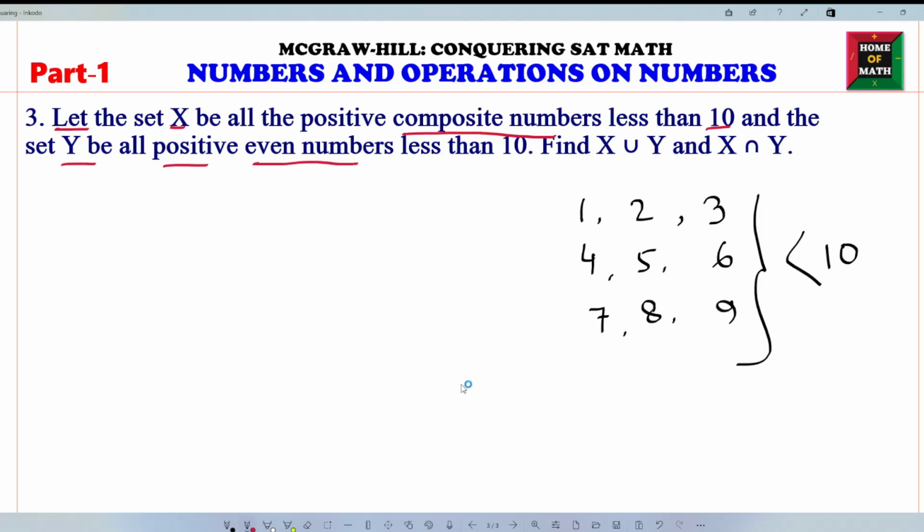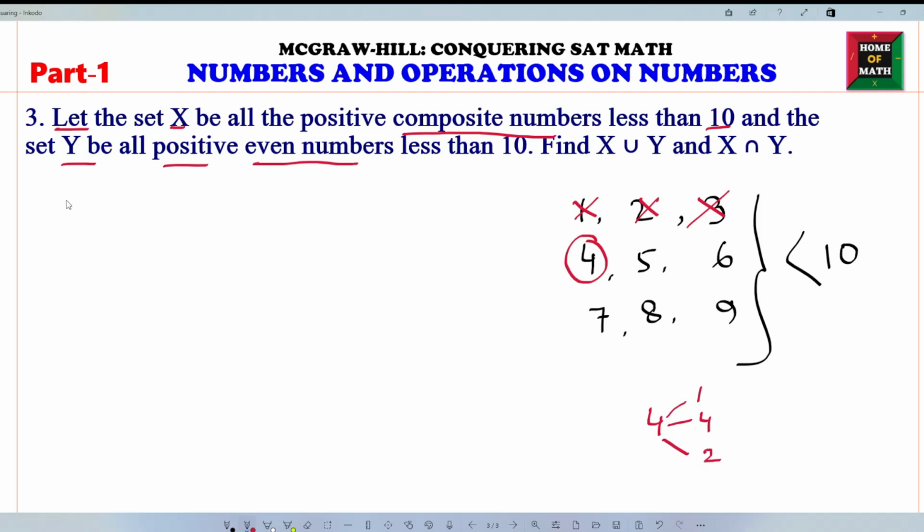A composite number has a minimum of 3 factors. So 1 is not a composite number, 2 is not a composite number, 3 is not a composite number, but 4 is a composite number. How? Because 4 we can divide by 1, by 4, and by 2.